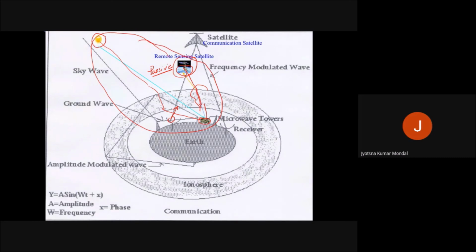We are not energizing the sensor. When you are taking a photograph with your flash, first the flash is on, light goes to the image, is reflected from that image, comes back to your camera, and the photo is taken. That is the active sensor.